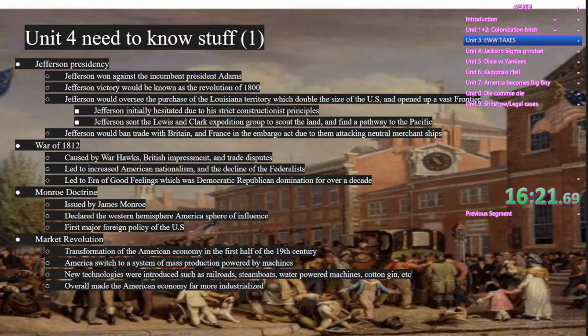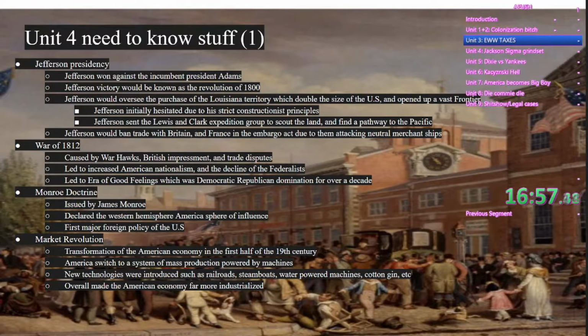New technologies were introduced, such as railroads, steamboats, and water-powered machines, etc. Now, just ignore this bullet point really because it's kind of inaccurate. The North became more industrialized, and the South became a far more agricultural, cash-based economy because of the cotton gin and other agricultural machines that sped up the process of making goods from cotton.